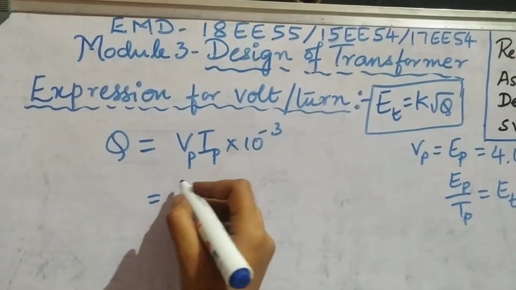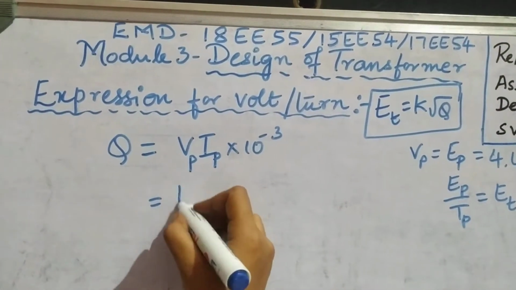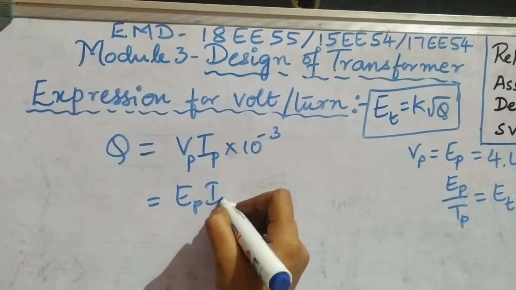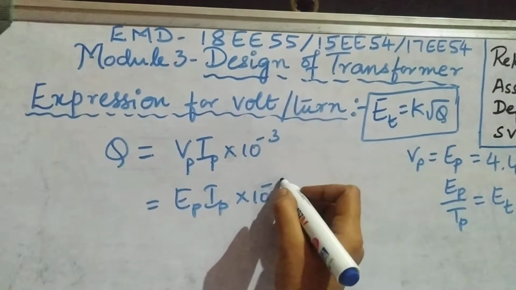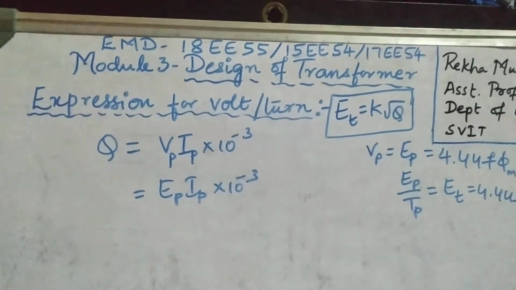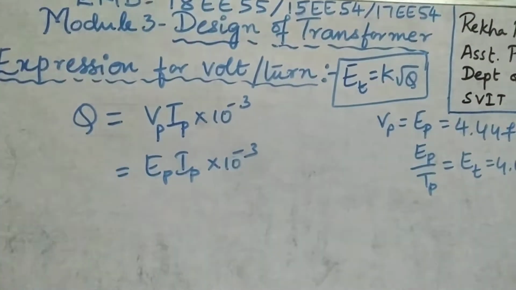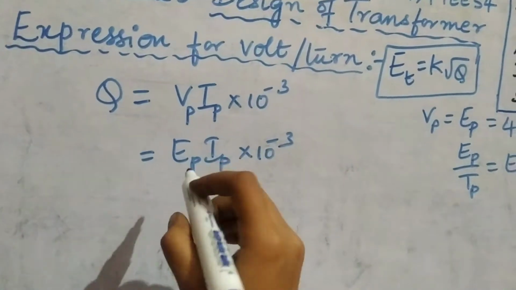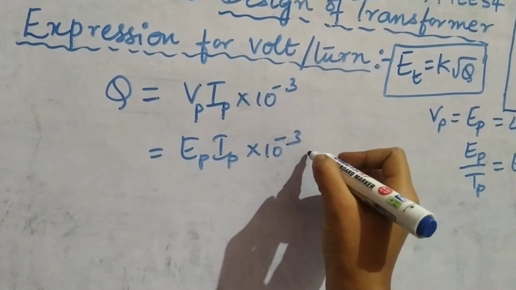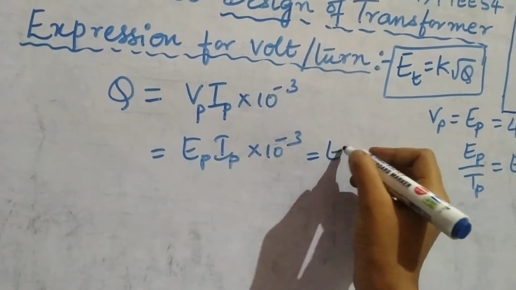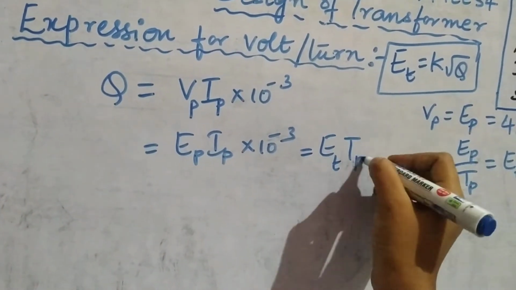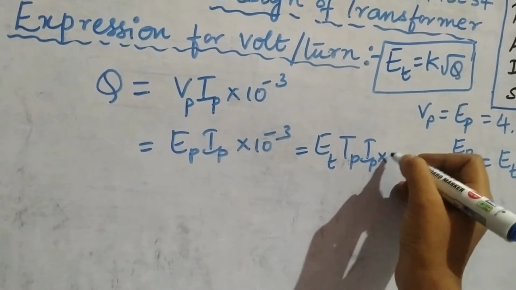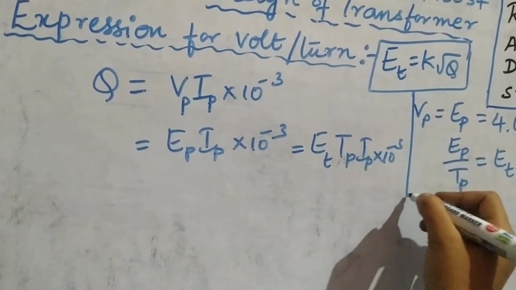So let me write this as Ep into Ip into 10 power of minus 3. Here I can write it as Et into Tp into Ip into 10 power of minus 3.